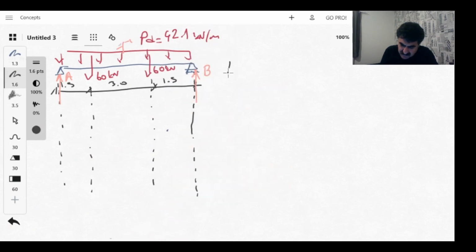So we can say A equals B. It will be total force divided by 2.